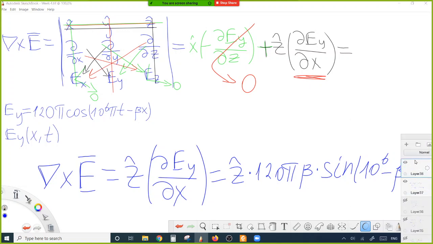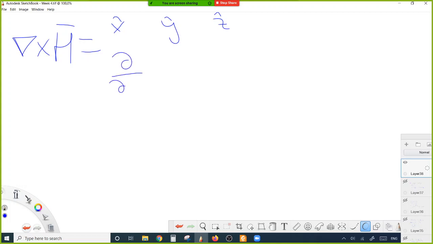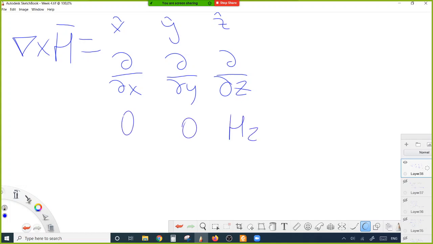Similarly, the rotor of magnetic field intensity H will be equal to the determinant with x, y, and z, d/dx, d/dy, d/dz, and the magnetic field intensity H has a component only along z: 0, 0, Hz.